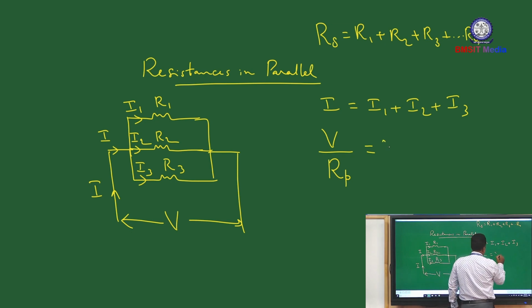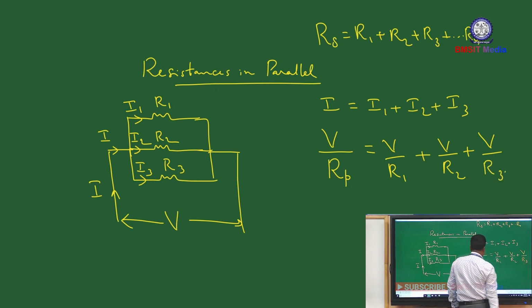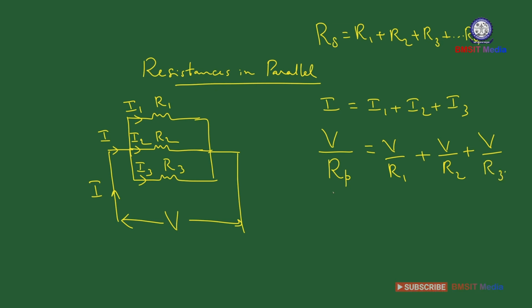I1 is V by R1. Similarly, I2 is V by R2. I3 is V by R3. V is common, so you get 1 by Rp is 1 by R1 plus 1 by R2 plus 1 by R3.